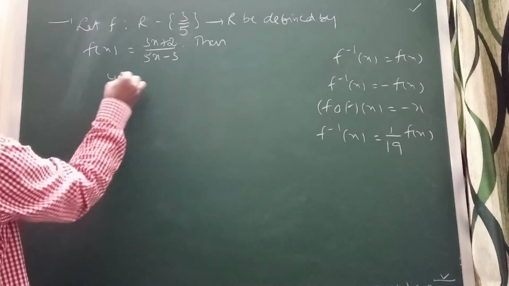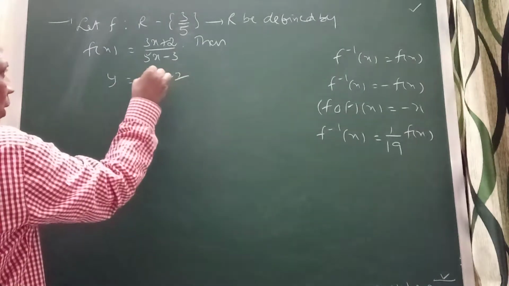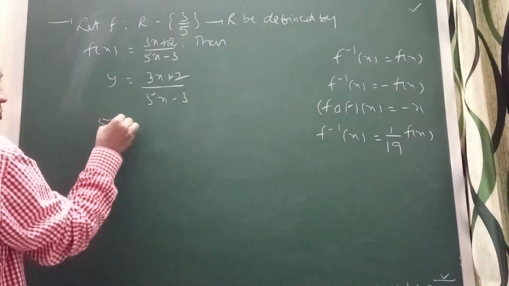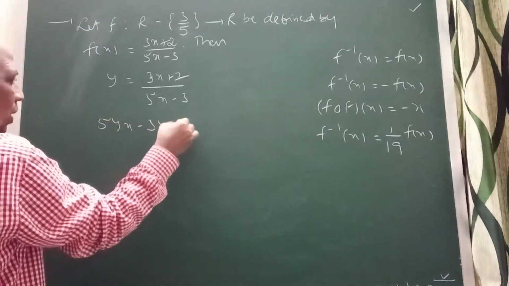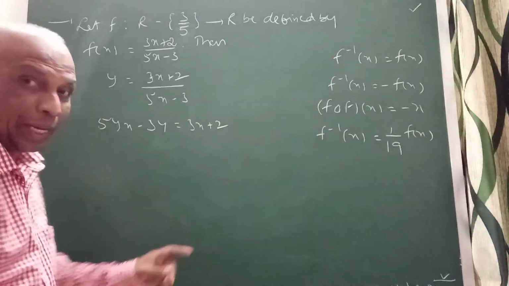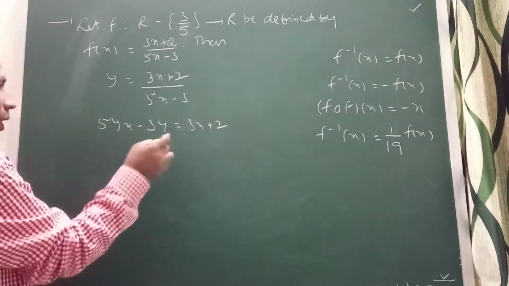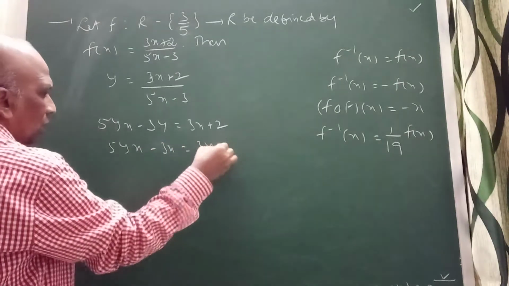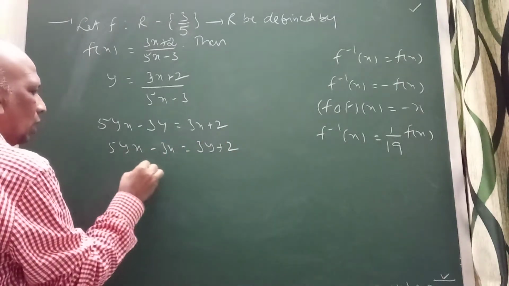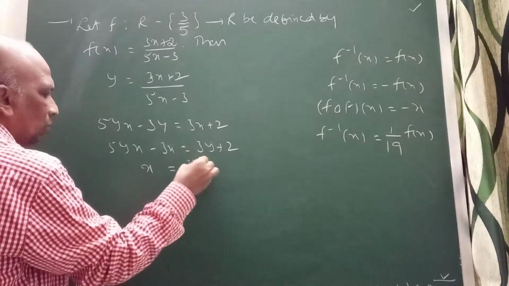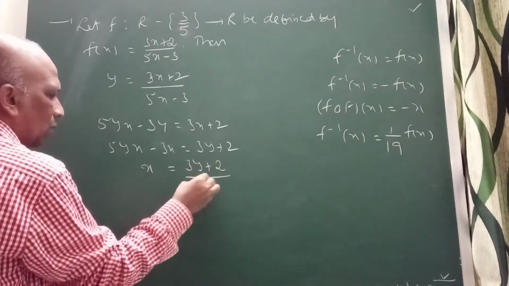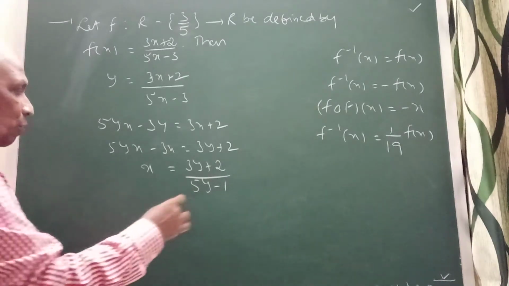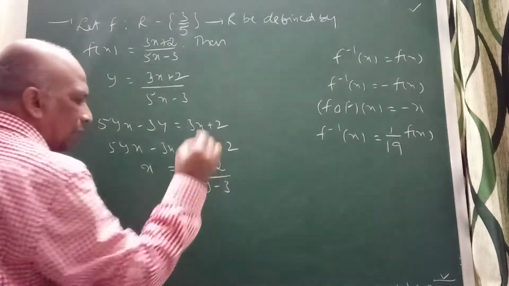So y is equal to (3x plus 2) by (5x minus 3). Doing cross multiplication, 5xy minus 3y equals 3x plus 2. I am trying to find the value of x. Here 5xy minus 3x is equal to 3y plus 2. Taking x common, x equals (3y plus 2) by (5y minus 3).